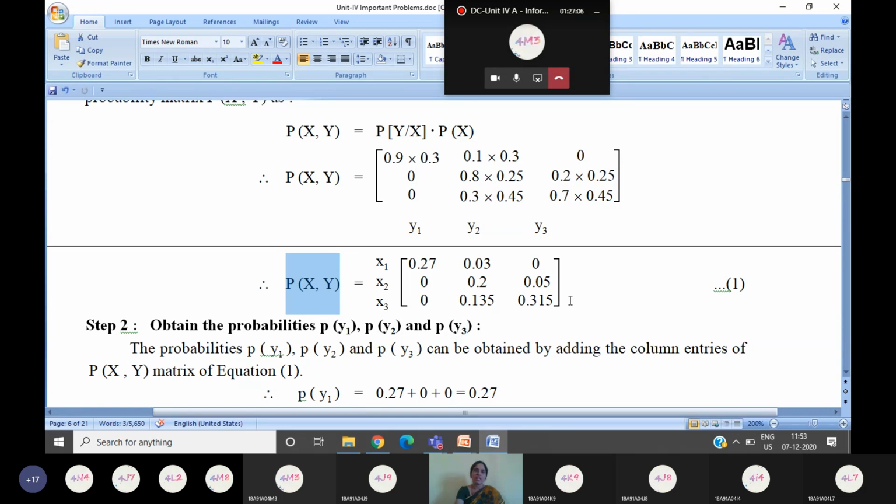You got some answer by using Bayes' theorem. So any one of you, please tell me what is the condition to say that it is the joint probability matrix?